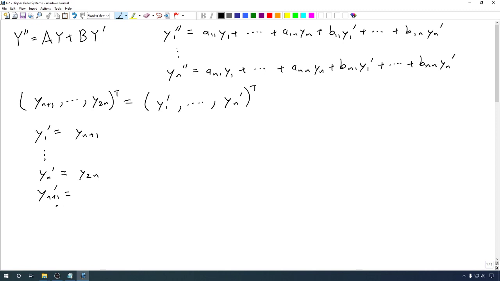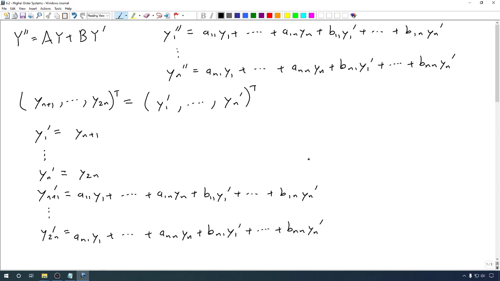Well, that's the derivative of yn plus 1, but yn plus 1 is the derivative of y1. So this is actually the second derivative of y1. Second derivative of y1 is this thing. And then we keep going all the way to y2n prime. This is, again, y2n is yn prime, so y2n prime is yn double prime. So the derivative of that is then all that stuff.